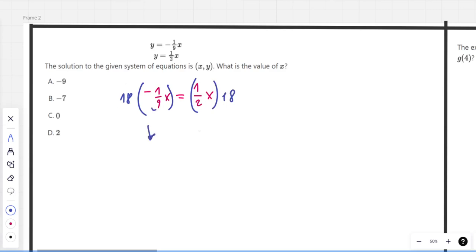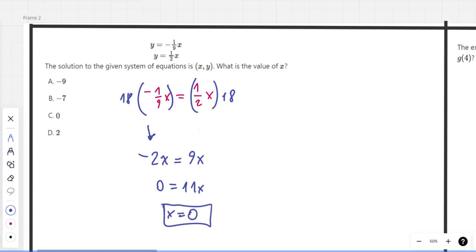Well, 18 divided by 9 is going to give us 2. So that's negative 2x. And 1/2 times 18 is 9, so that's 9x. Negative 2x equals 9x. If you add 2x to both sides, you get 0 equals 11x. And from here, it's pretty clear if you divide everything by 11, we just get x equals 0.